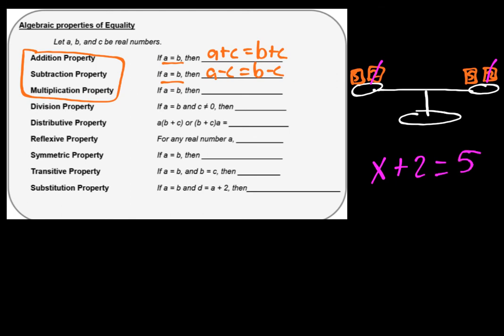If I said solve this equation, you would say, I would subtract 2 from both sides and end up with x equals 3. The reason you're allowed to do that is the subtraction property of equality, which says if two things are equal and I subtract the same thing from both of them, they will still be equal.